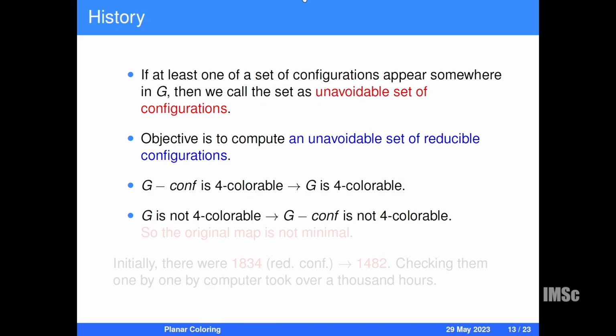Then, because of the reducible configurations, after I remove the configuration, again it is not 4 colorable. But this violates something. What does it violate?